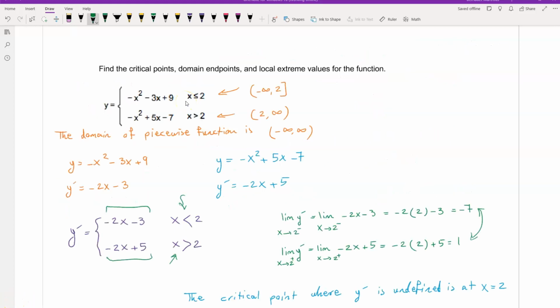Based on what we have, we use negative x squared minus 3x plus 9 for when x is equal to 2 and x is equal to negative 3 over 2. And we use negative x squared plus 5x minus 7 for when x is greater than 2, and what we had for x in that case was 5 over 2.